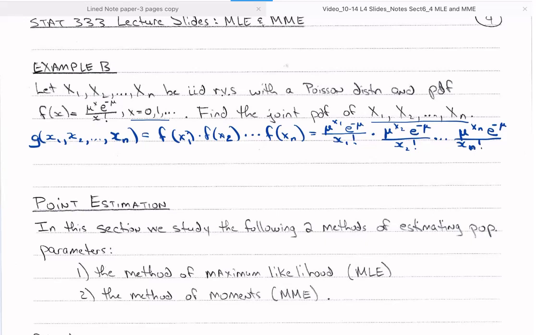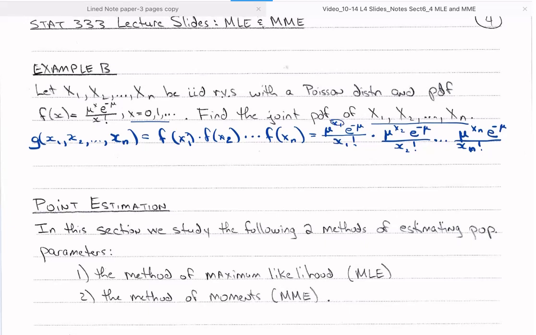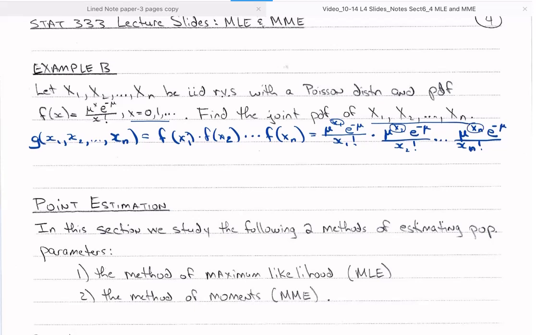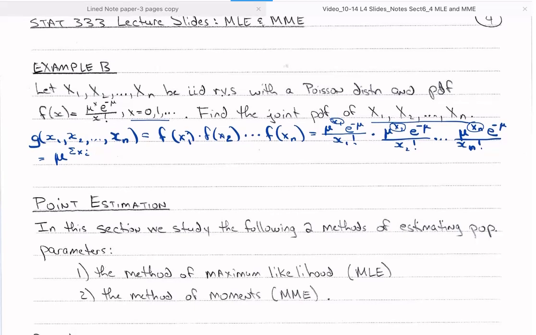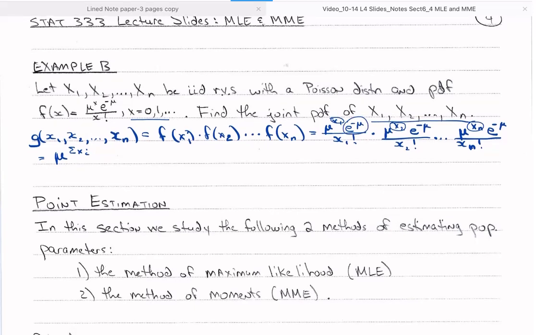And so I have mu raised to the x1 times mu raised to the x2 times dot dot dot mu raised to the xn. This is going to equal mu raised to the sum of the xi, i equals 1 to n. And then I have e to the negative mu times e to the negative mu, and so forth, n times. So when I sum those exponents, I get e to the negative n times mu.